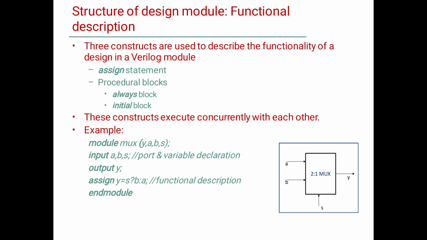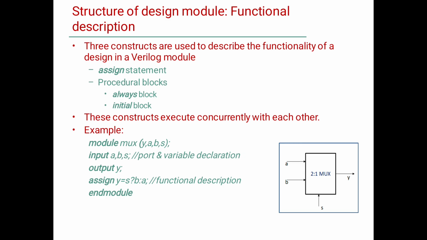Example: input and output ports are given by the declaration input A, B, S. The module name is MUX. Inside the bracket, output Y is declared along with A, B, S. A, B, and S are inputs. So the inputs are A, B, S, port and variable declaration. The output is Y. Here we will be using the assign statement, the data flow modeling style. Y is equal to S question mark B colon A. This is the functional description.